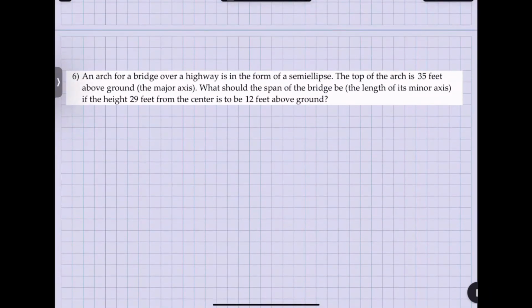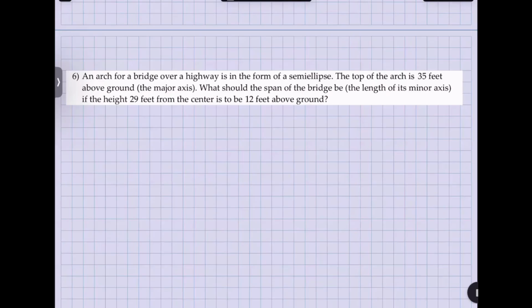Okay, so an arch of a bridge over a highway is formed by a semi-ellipse. The top of the arch is 35 feet above the ground, major axis. What should the span of the bridge be? The length of its minor axis. If the height 29 feet from the center is to be 12 feet above the ground.